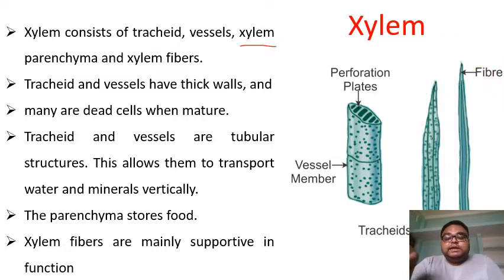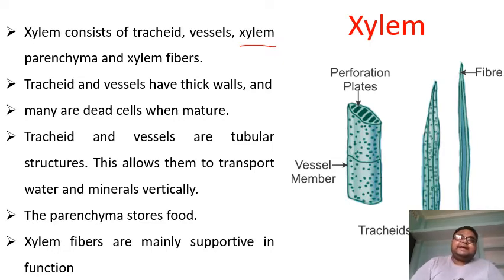First of all, xylem consists of what? Xylem consists of tracheids, vessels, xylem parenchyma, and xylem fibers. Tracheids and vessels have thick walls, and many of their cells are dead when they are mature.